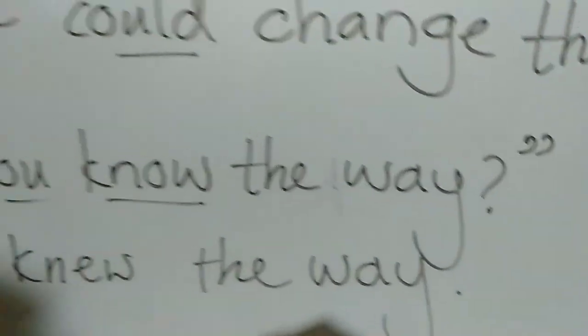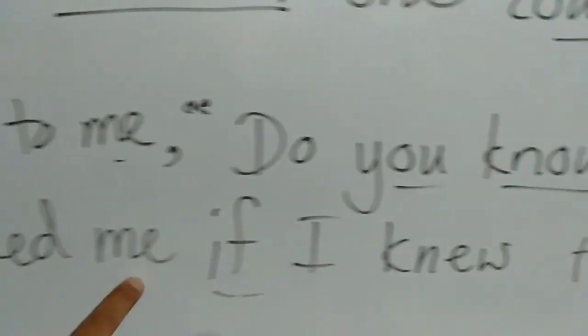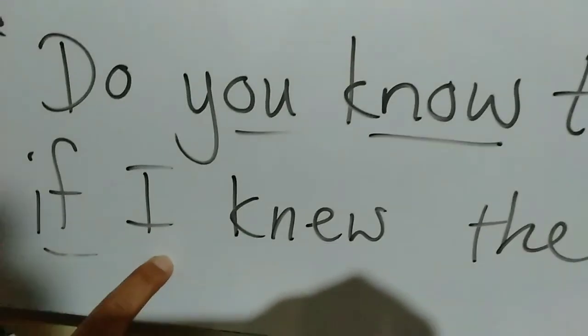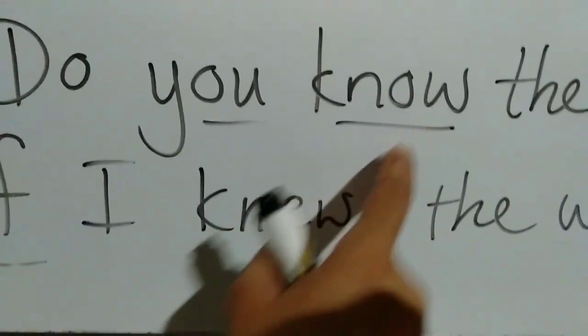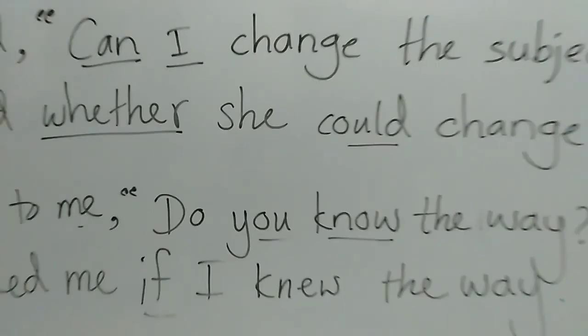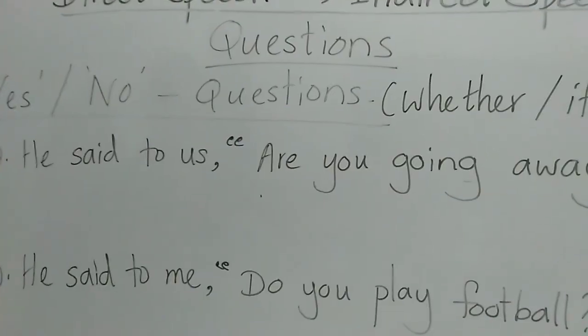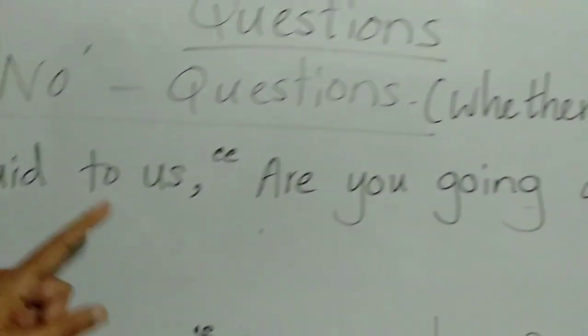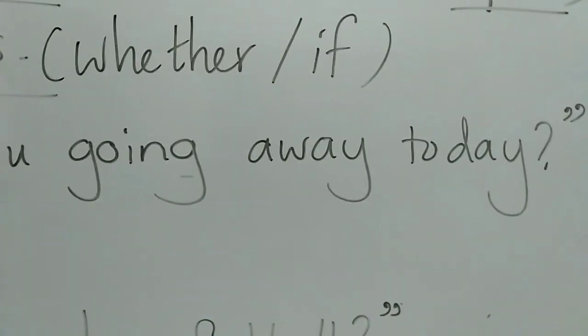I think you understood. He asked me if. You into I. Now, present tense into past tense. Knew the way. Okay, now let's do some more examples. Third one. He said to us, "Are you going away today?"